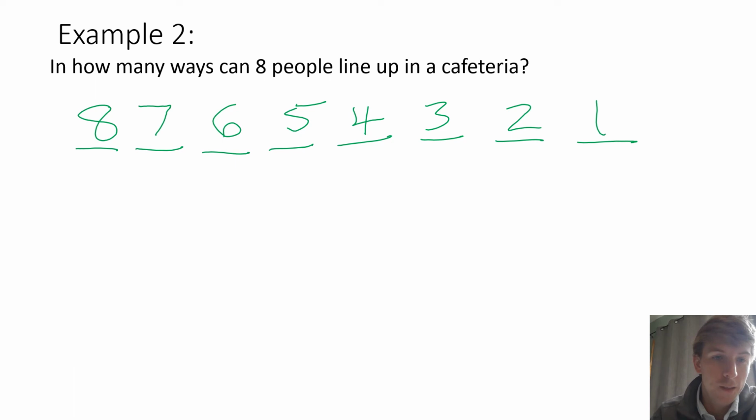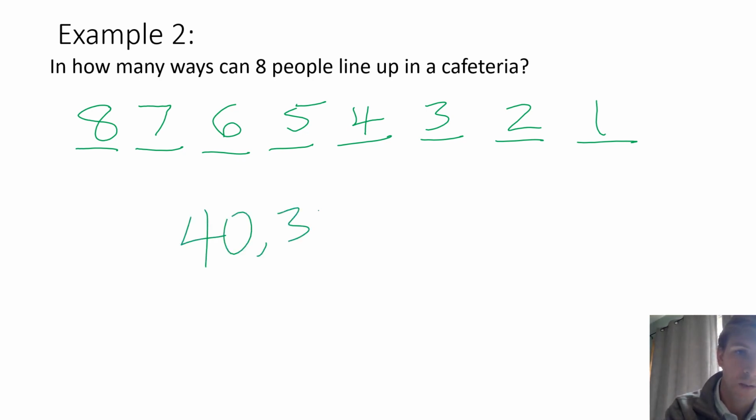Each of these events, lining up for the first spot, the second spot, the third spot, we just need to multiply down the row. So it's 8 times 7 times 6 times 5 times 4 times 3 times 2 times 1, which you would get 40,320 ways.